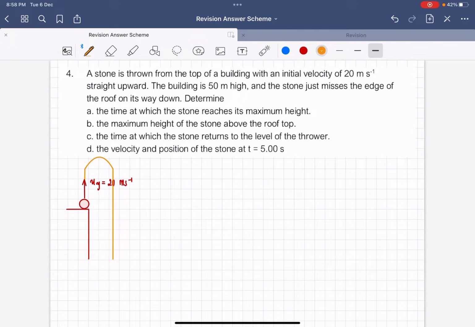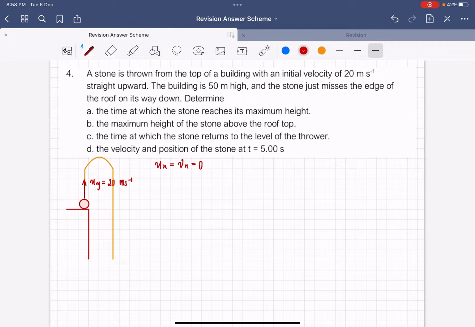Alright, so from here, we know that the y component of the velocity is equal to 0. Okay, because now we only have the y component. It does not move in the x component. Meaning, the final velocity in the x component should also be equal to 0, because ux is equal to vx. Alright? Okay, so enough with that.